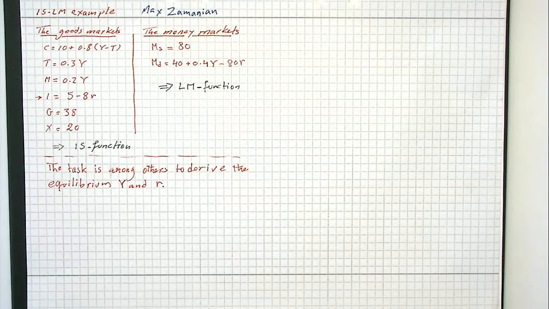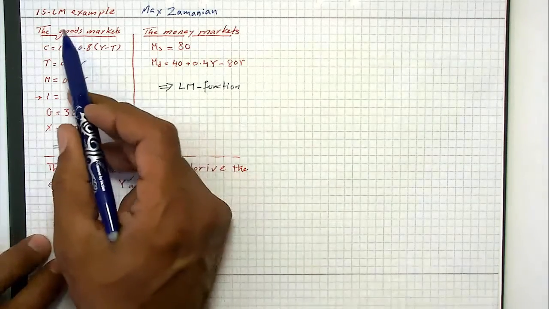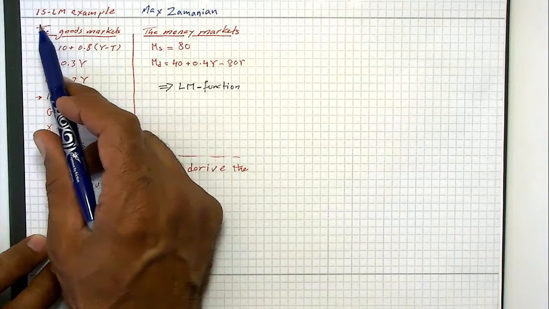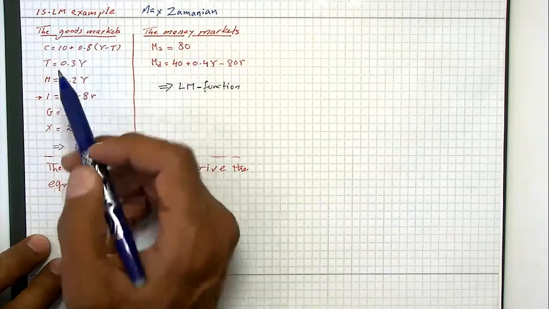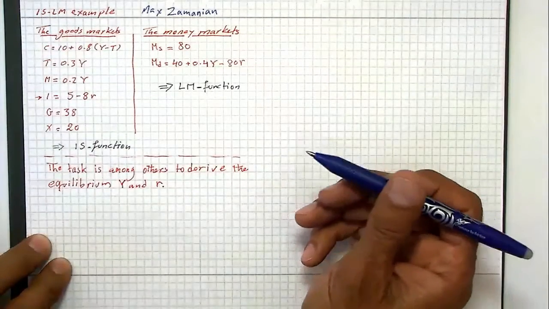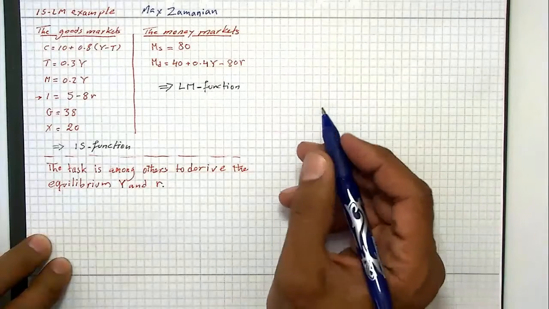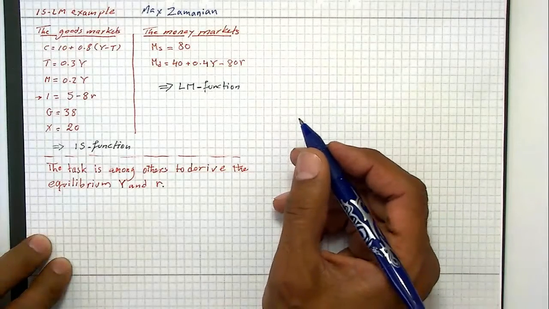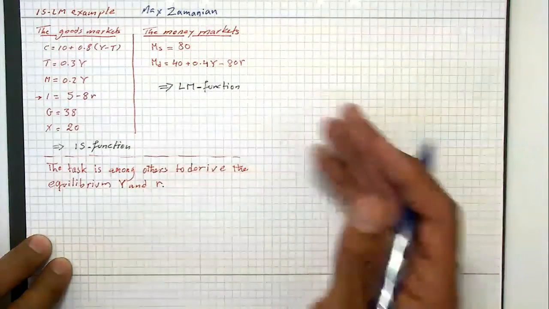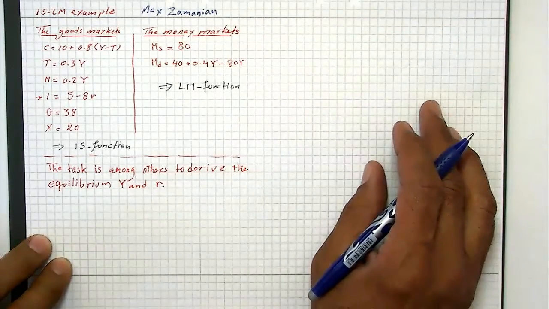But for now, there is a simple problem in basic macroeconomics. It's called ISLM example. Of course, these videos are intended for students who have taken the course and know what ISLM stands for.